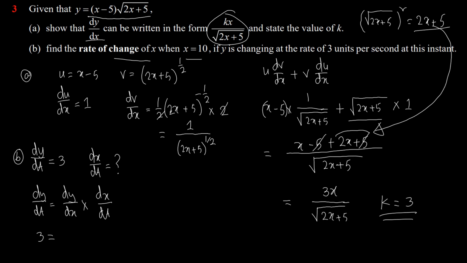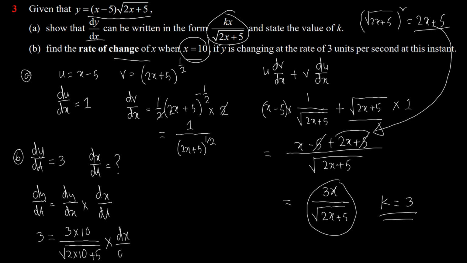So 3, and the x value you can put directly, which is 10. 3 into 10 divided by root 2 into 10 plus 5, into dx by dt. We are going to find that value.